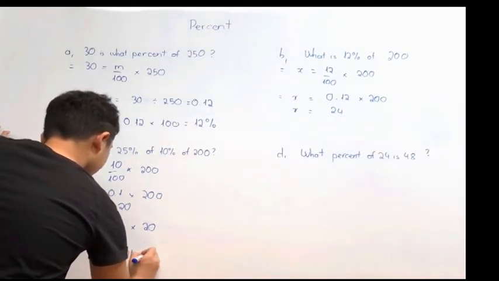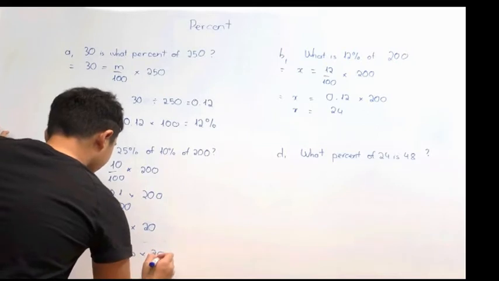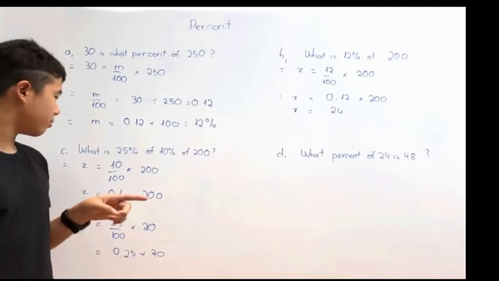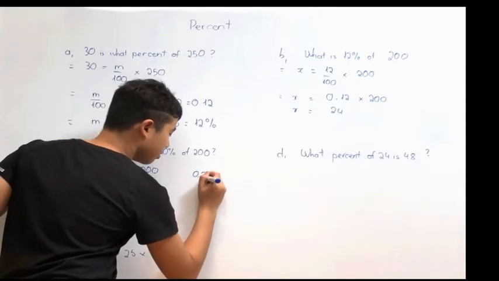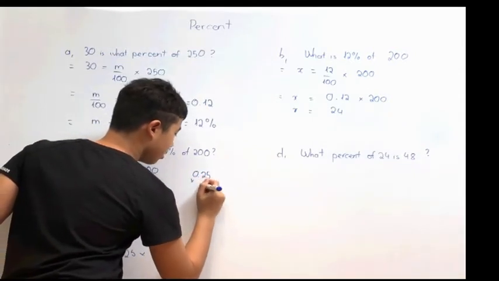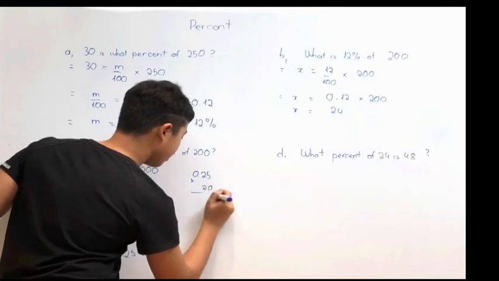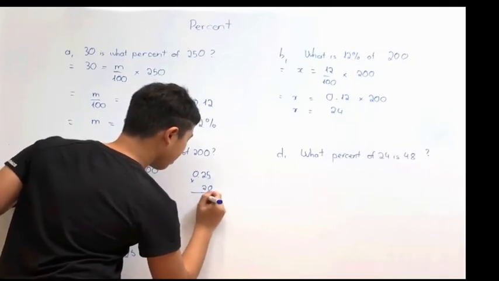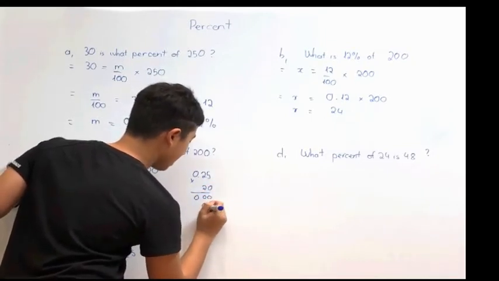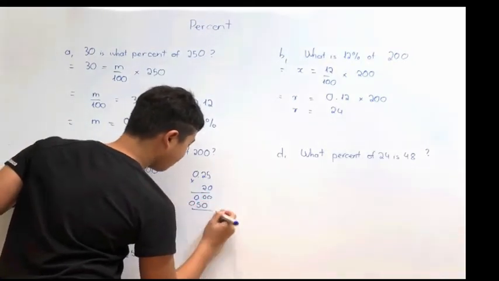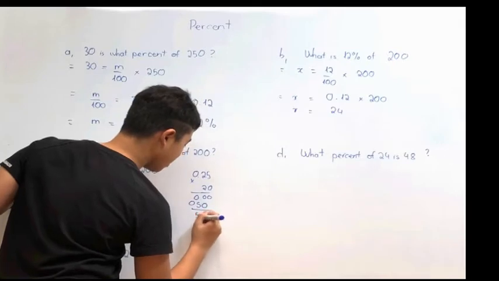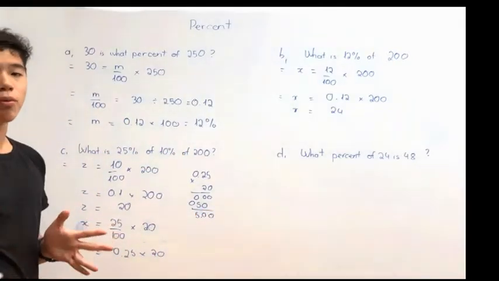0.25 times 20. 0.25 times 20 is, so this is 0, 0, 0, 2 times 5 is 10, 2 times 2 is 4, so the answer is 5.